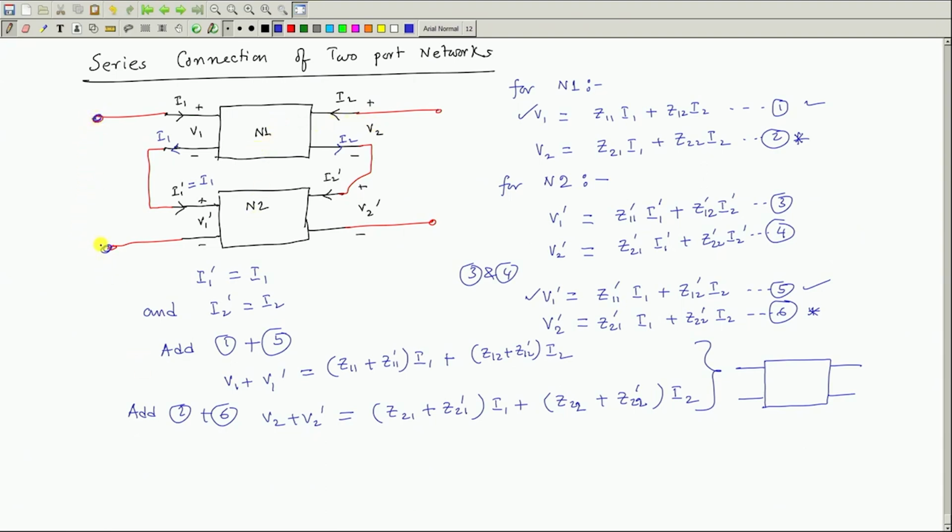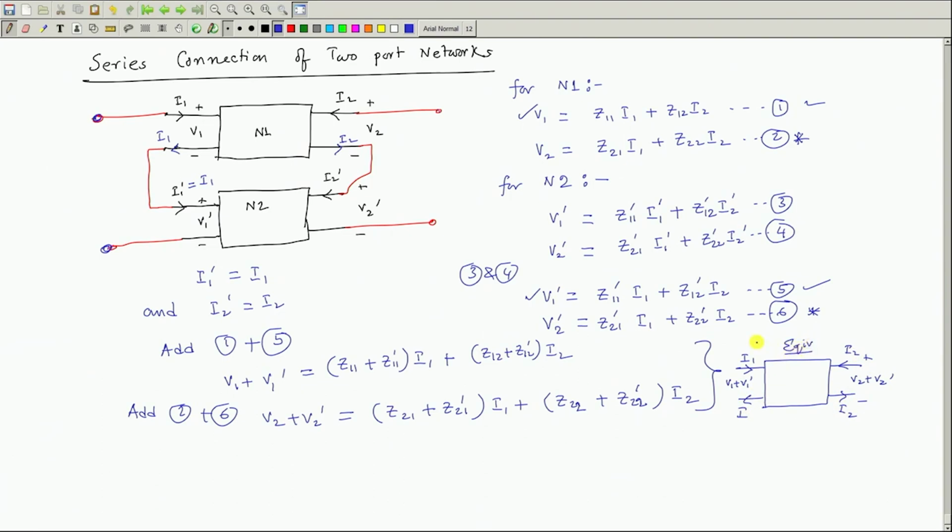Therefore, between these 2 points, the voltage is how much? V 1 plus V 1 dashed, that is the input voltage. What is the current? I 1. And on this side, V 2 plus V 2 dashed is the voltage between the output port, and the current is I 2. So, equivalent.